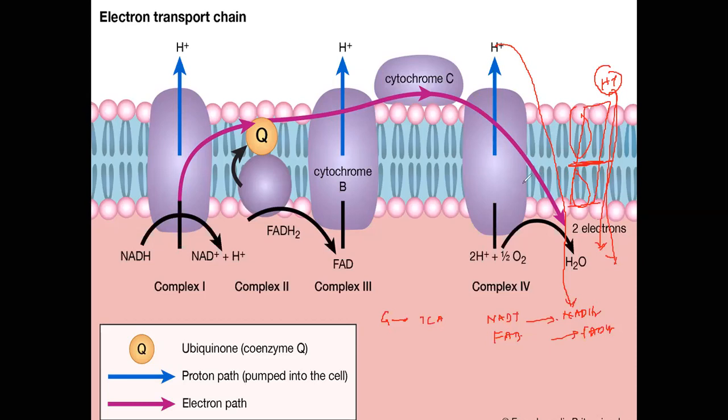Who does this activity? It is done by an enzyme called ATP synthase. Here, a wonderful event is going to occur every time. That is, there is a process of oxidative phosphorylation.